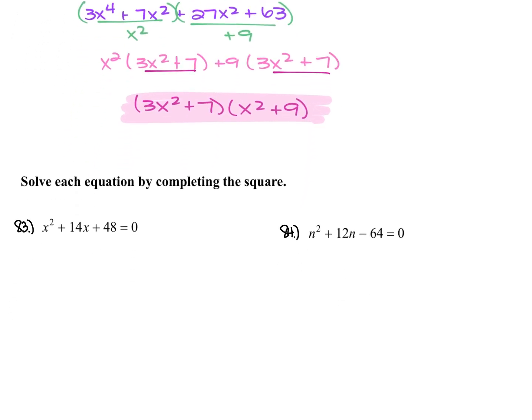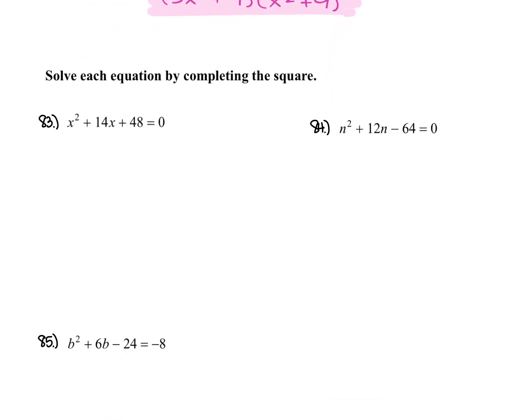For the next set of questions, you are solving each equation by completing the square. For 83, you have x squared plus 14x plus 48 is equal to 0. First thing you do here, move your 48 over, subtract it from both sides. This gives you x squared plus 14x is equal to negative 48. Take your b term, divide it by 2, and square it.